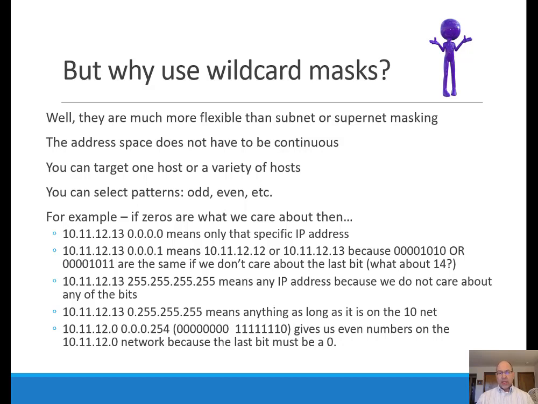All zeros and then all ones except for the last bit is a 0. This means that we're looking for even numbers on the 10.11.12.0 network because the last bit has to be a 0 and that's where we get our even numbers from. So that's what we mean when we say that wildcard masks are a lot more flexible. You can do a lot of crazy things with a wildcard mask.